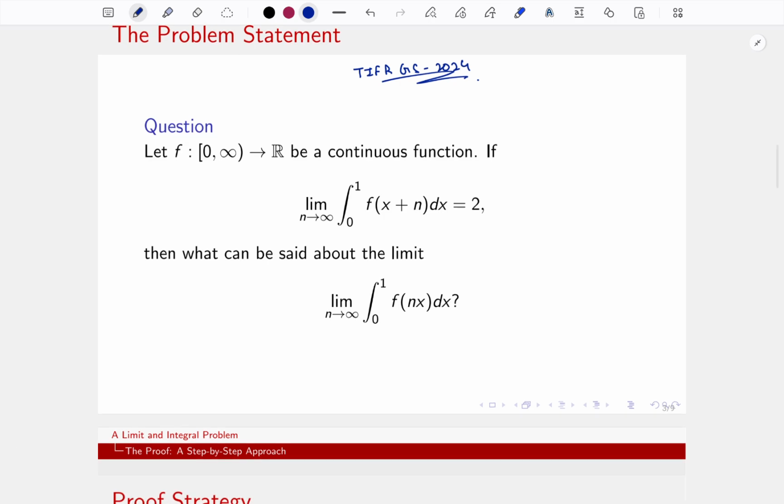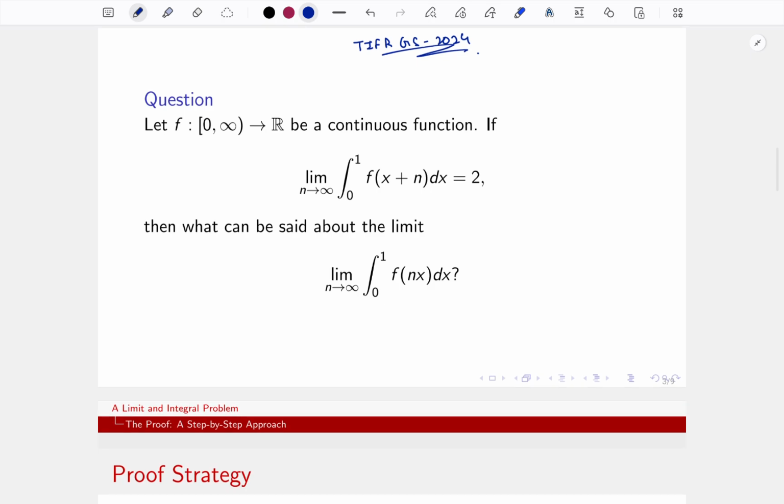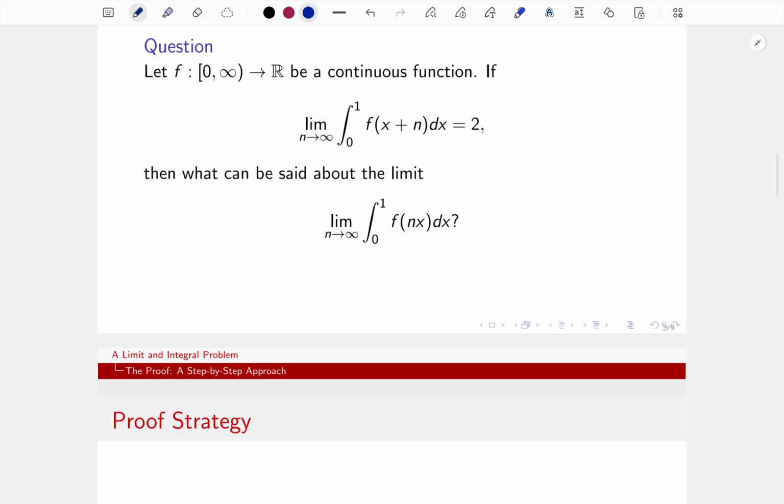Let f be a continuous function from the non-negative reals to the reals, and the hypothesis given is that if the limit as n tends to infinity of the integral from 0 to 1 of f of x plus n dx is equal to 2, then what can be said about the limit as n tends to infinity of the integral from 0 to 1 of f of nx dx. So we are being asked what can be said about the limit. Our argument should be whether the limit exists or not, and if it exists, what its value is.